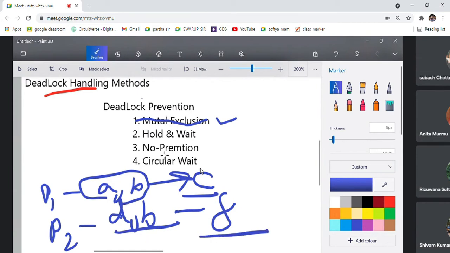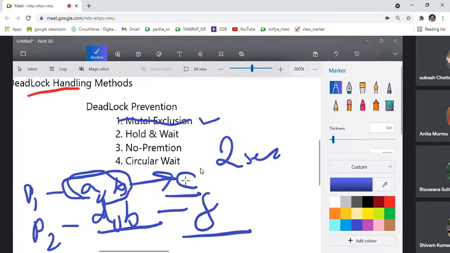So how can we design our protocol? Our protocol is, if P1 is waiting for C for, let us say, 2 seconds, and it has not got C so far, then we can force P1 to release what it holds. That means a process enters into the waiting state only if it releases the resources that it has.